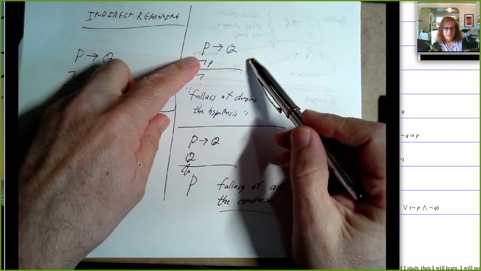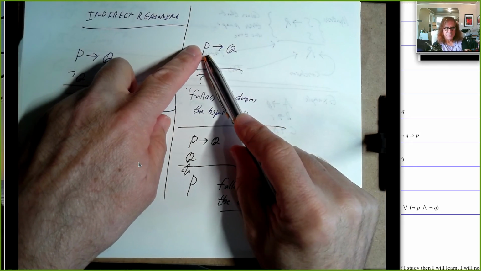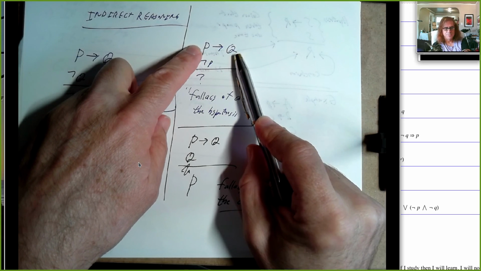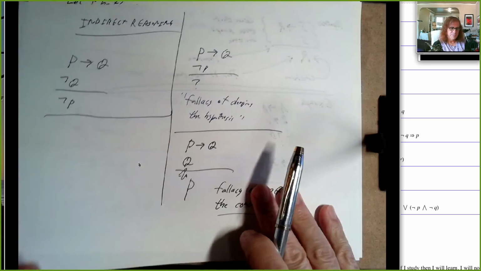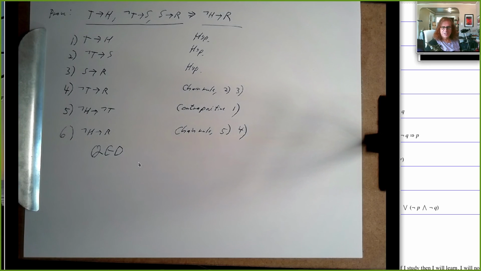Right? Denying the hypothesis says that if P is false, we can't conclude not Q. So the formal statement of these fallacies looks like this.